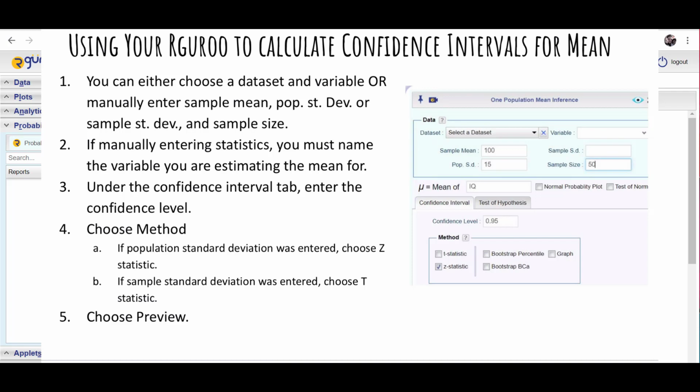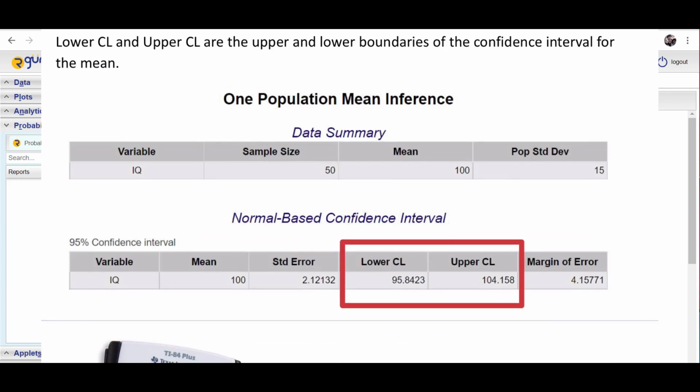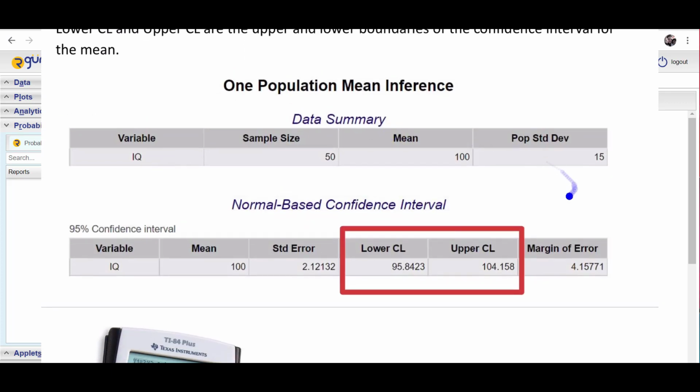It's super fast. And then what will happen is it's going to give you a couple little charts here. And this right here, the lower and the upper CL, that's going to be your confidence interval right there. It gives you other things too. It labels the variable. It reminds you your sample size, your mean, your population standard deviation. It actually calculates your standard error and your margin of error.